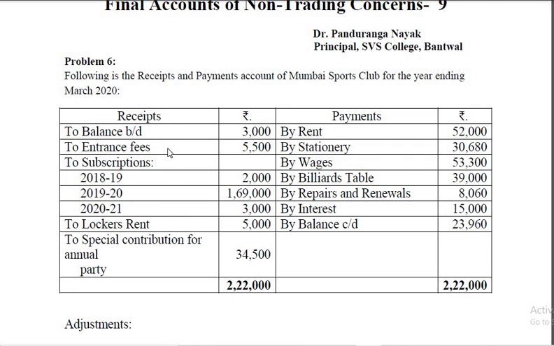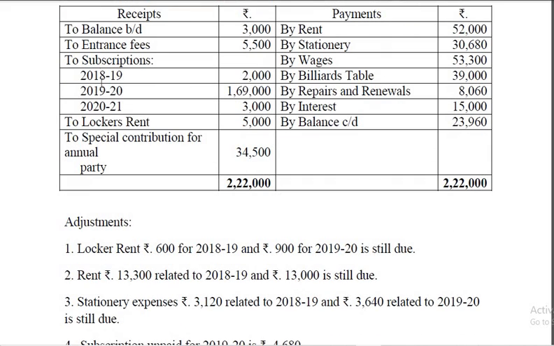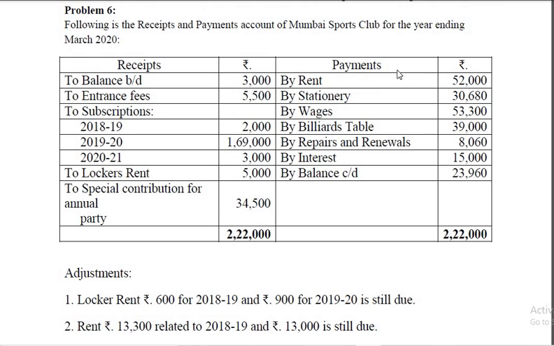Even if you take it as a capital item, it's okay, but you have to give a note. Then subscriptions, I told you, 1,69,000 plus outstanding for the current year only should be taken. Lockers rent is income, a revenue receipt, so adjustment should be made to this. This is an item of the balance sheet. Come to the payment side, rent 52,000.